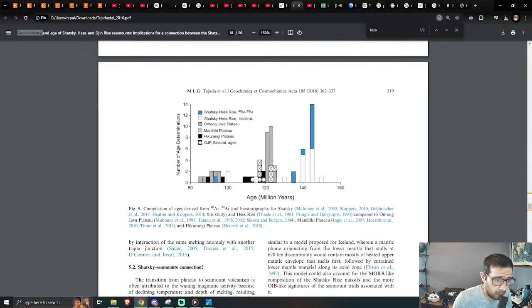Okay, so we got all the stuff. We got Manihiki in this range, mostly, if not entirely, it looks like. Ontong Java in 2 separate ranges. Hikurangi between them, kind of, in the middle of the Ontong Java.